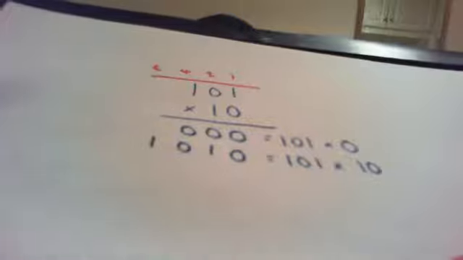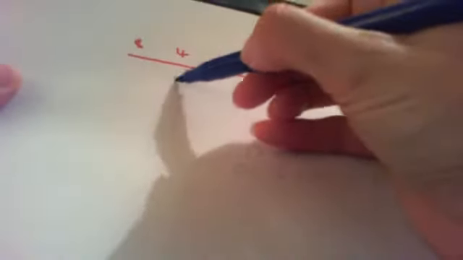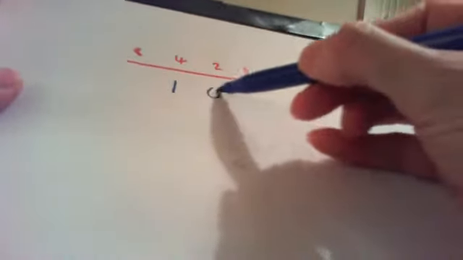Let's try another example, a little bit more complicated, only marginally more complicated. 1, 2, 4, 8. One, 0, 1.